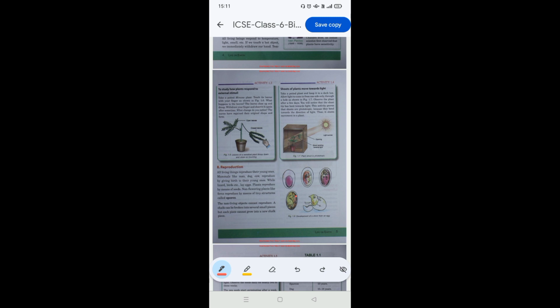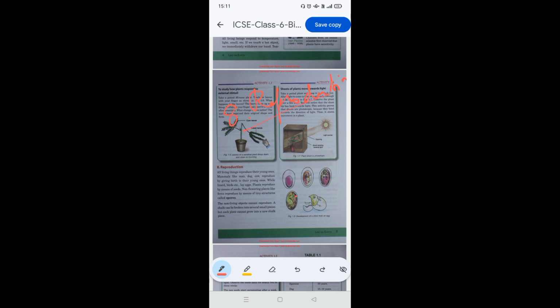So, if we see over here, the eighth characteristic is reproduction, the process of reproduction, which differentiates living things from non-living things.